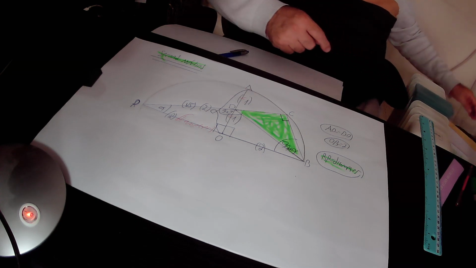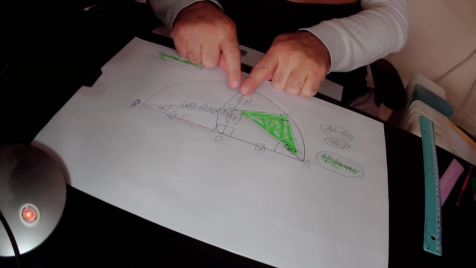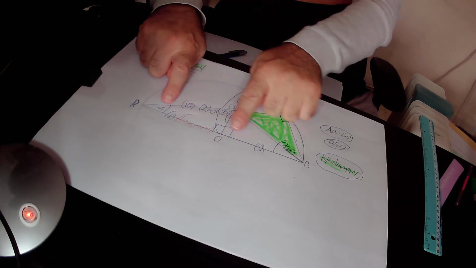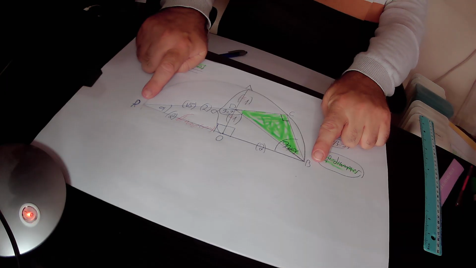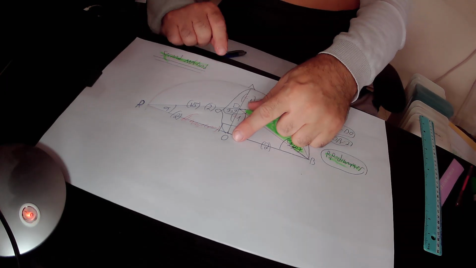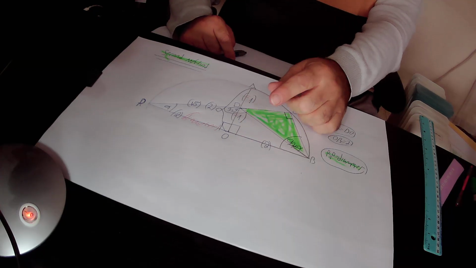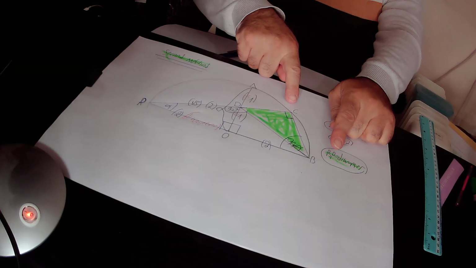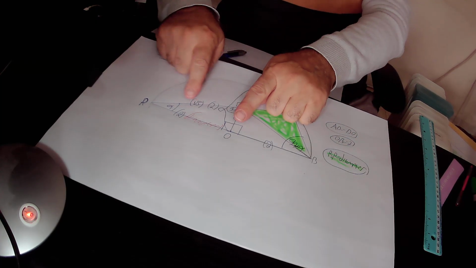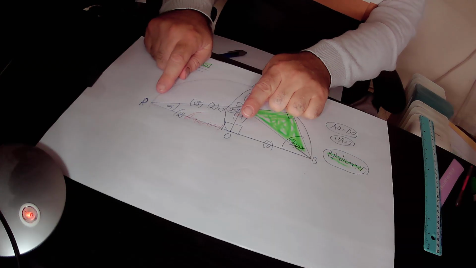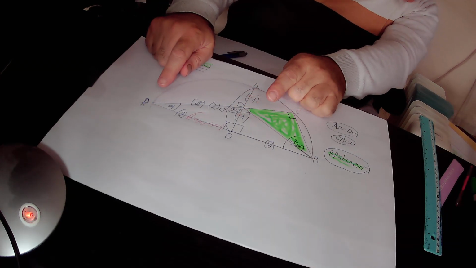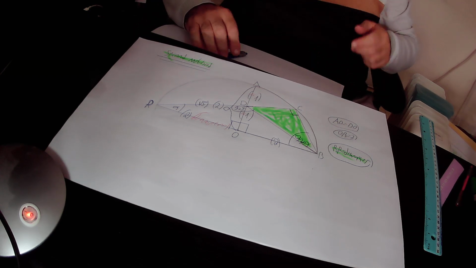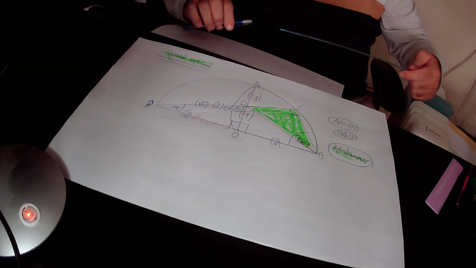We derive that side PD of this small right triangle PDO over side PB of this big right triangle PCB is equal to side DO of the small triangle over side CB of the big triangle, and it is also equal to side PO of the small triangle over side PC of the big triangle. So I write it down.